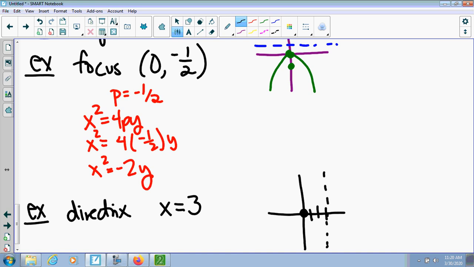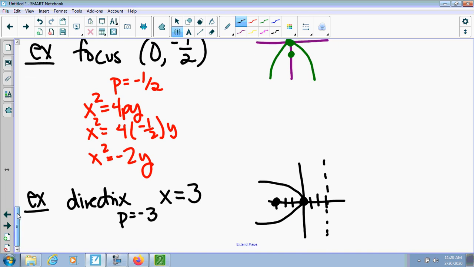My vertex is at the origin, I mean. The parabola's not going this way. It's going to have to go backwards. And that's 3 away from my directrix, which means my focus needs to be 1, 2, 3 that way. So my p-value is -3. Okay? Because that's where our focus is, and we can go ahead and plug it in.